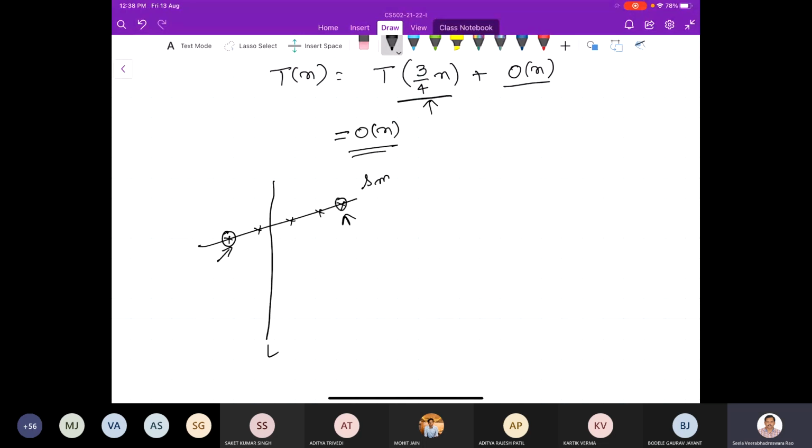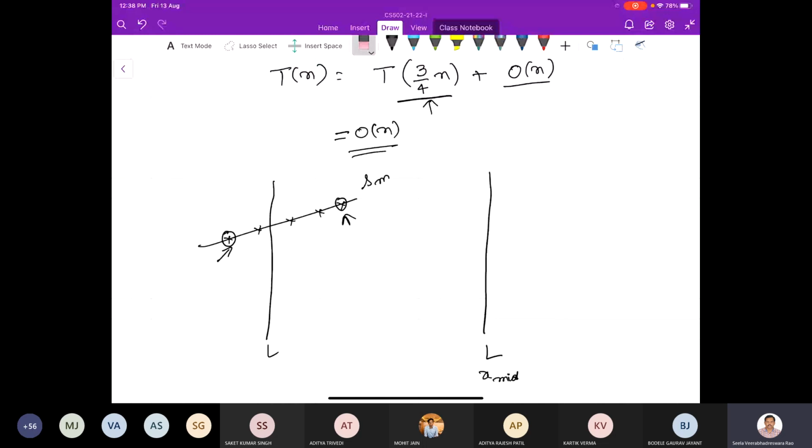In that case, the procedure terminates. That is the result. Another possibility is that this line is the middle of this median.